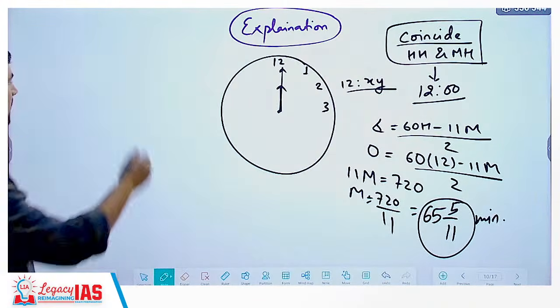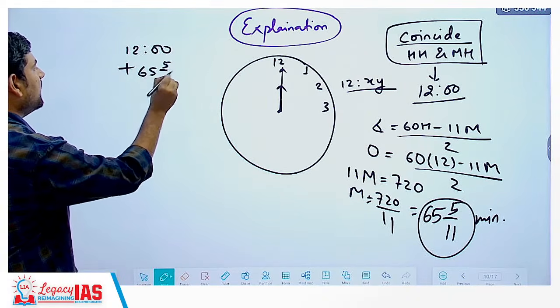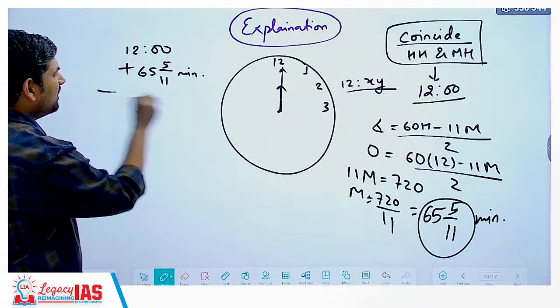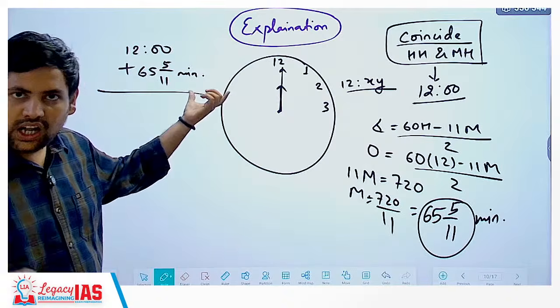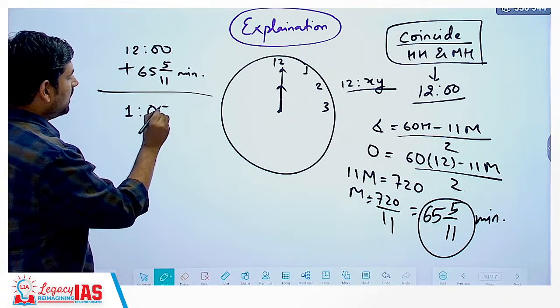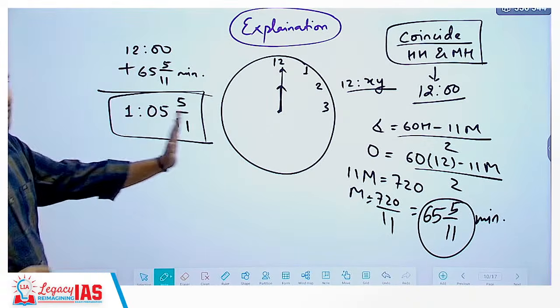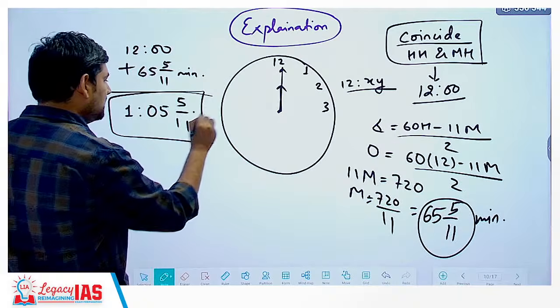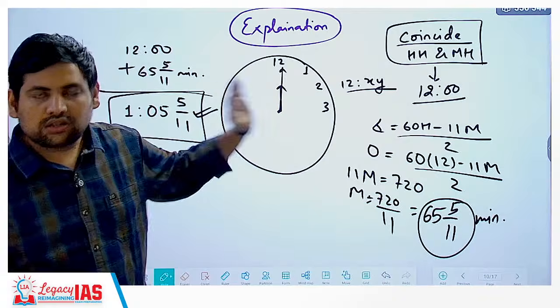Now that means in 12 o'clock, if you add 65 and 5 by 11 minutes, what will you get? 60 minutes itself is 1 hour, correct? So the time that you get is 1 hour 5 and 5 by 11 minutes. This is the next time when the hands of the clock coincide.